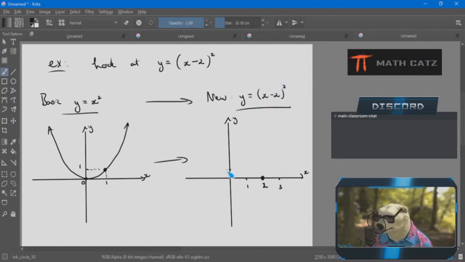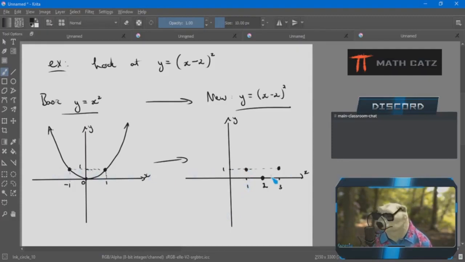So in order for me to get that y value of 1, I'm going to have to plug in a 3 for x. And of course, you can argue the other side. I can also, in the basic, plug in a negative 1. Now I'm going to have to plug in a 1 to get another y value of 1.